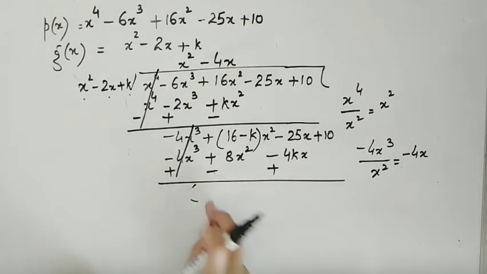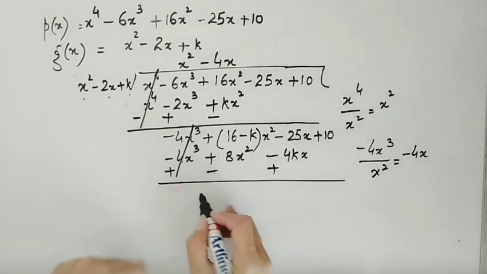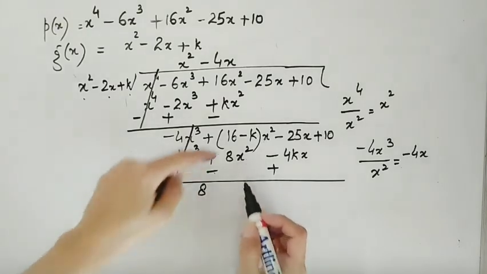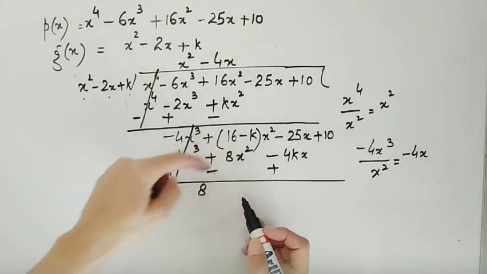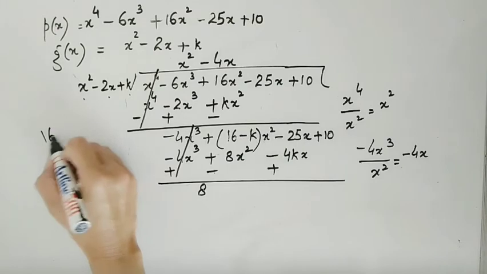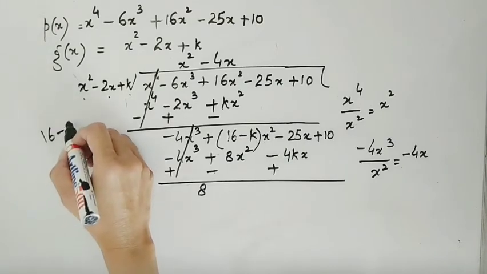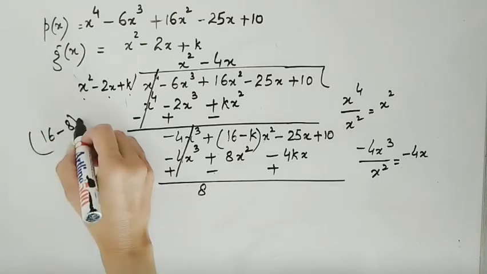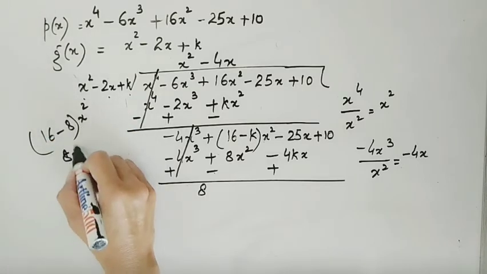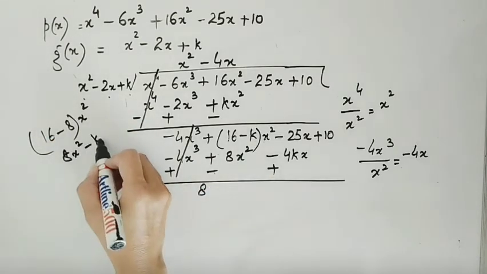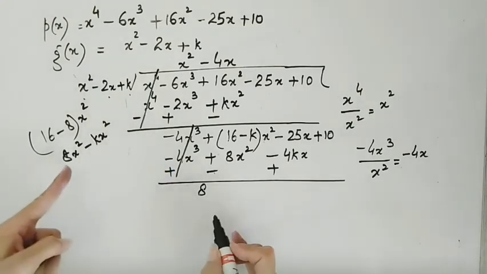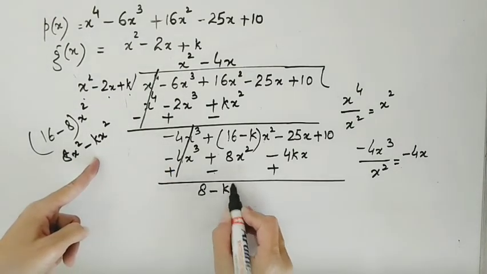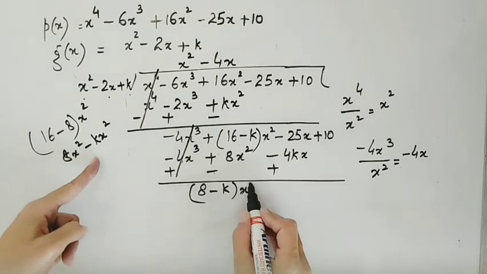Now look at this, 16x square minus 8x square. Let me simplify it here, 16 minus 8 x square, which is 8x square, and then minus kx square. Further, take x square common, so it is (8 minus k) x square.